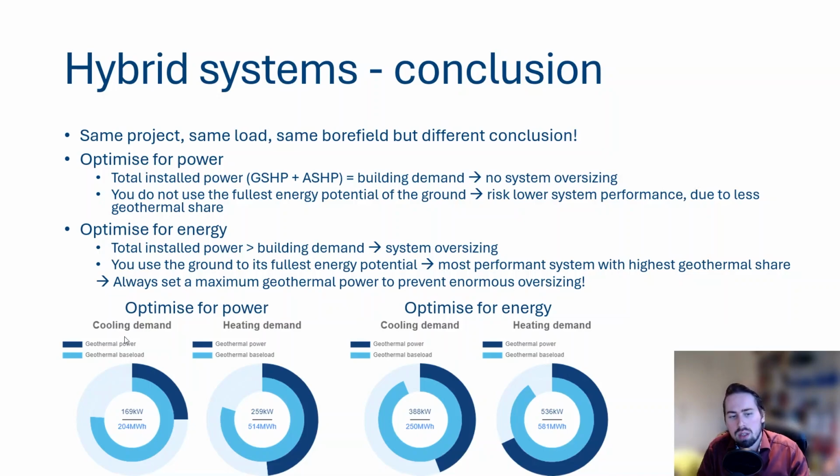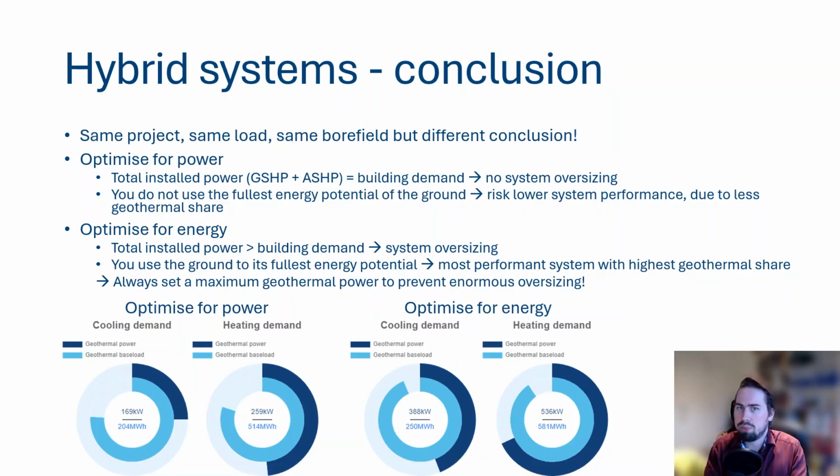Now, if we take a look at the power, the story is somewhat different. So in this case, we have 169 kilowatts in cooling, 159 kilowatts in heating. And because we know the system is optimized for power, we know we can get this 259 kilowatts and 169 kilowatts in every year of our simulation period.